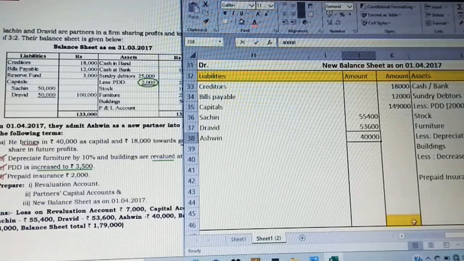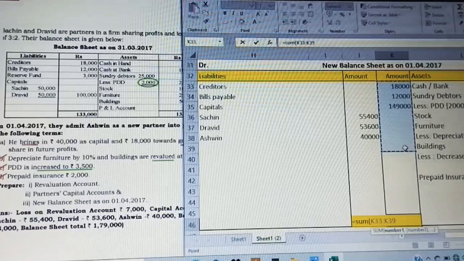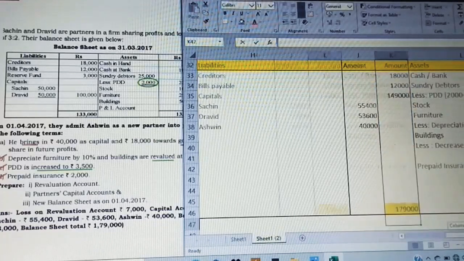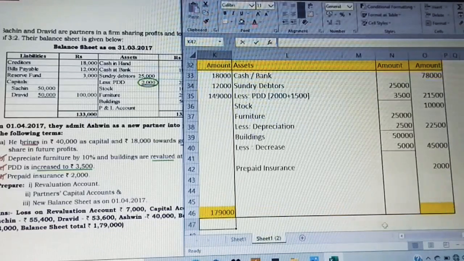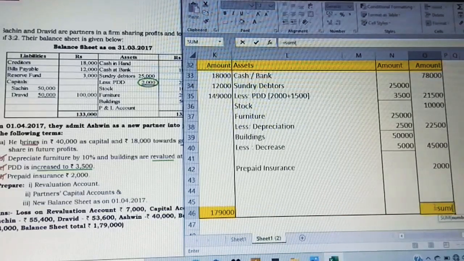Now let us just check what is the total balance, whether we are getting equal on both sides. Total, I'm going to just apply it: 1,79,000 liability side, and asset side we're going to just check now. So let us just see whether we get the same value.